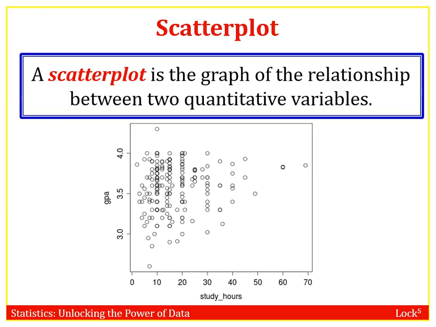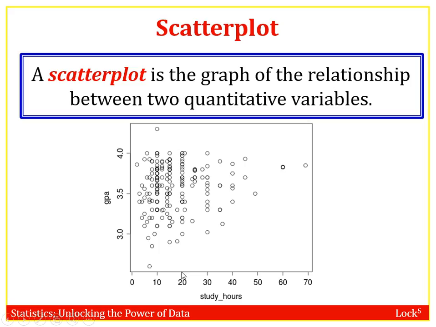Now a scatter plot really is just the relationship between two quantitative variables. So this one here would be somebody that studied 70 hours and their GPA, which is about a 3.8. This one here would be somebody that studied about 8 hours and had a GPA of about a 2.6.